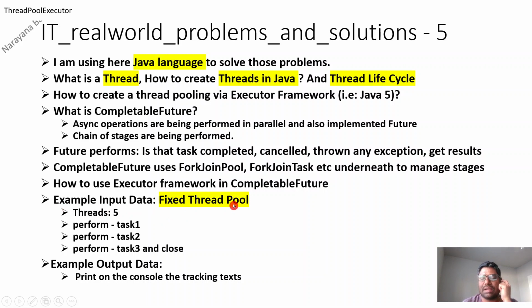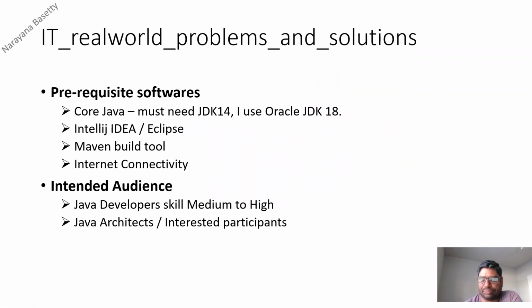Say for example, I'm going to create a thread pool of 5 threads, and I want to perform task 1, task 2, task 3, and then make sure that my Executor framework thread pool has been properly closed. Otherwise, I may get wrong results. So this is how I'm going to define the parallel tasks, and let's print it on the console.